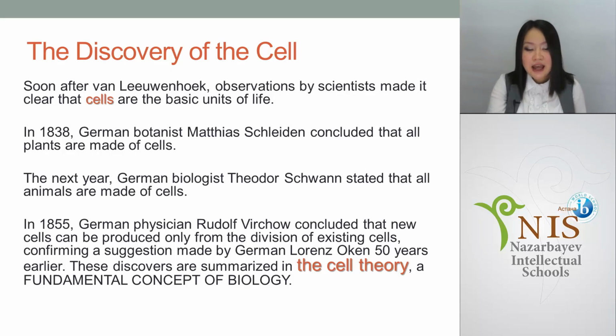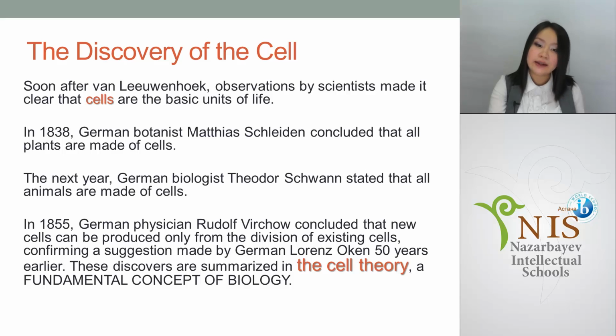And the next step in the history was in 1855, when German physician Rudolf Virchow concluded that new cells can be produced only from the division of existing cells, confirming a suggestion made by German Lorenz Oken 50 years earlier. These discoveries are summarized in the cell theory, a fundamental concept of biology.